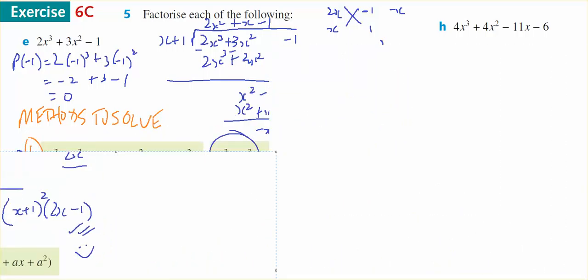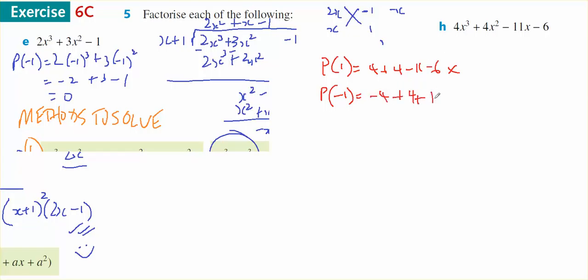Okay, so I've got this expression, and I'm going to try p of 1: 4 plus 4 minus 11 minus 6, that's no good. P of minus 1 is not going to help me because I get minus 4, but that's still plus 4, then plus 11 minus 6, and that's no good.